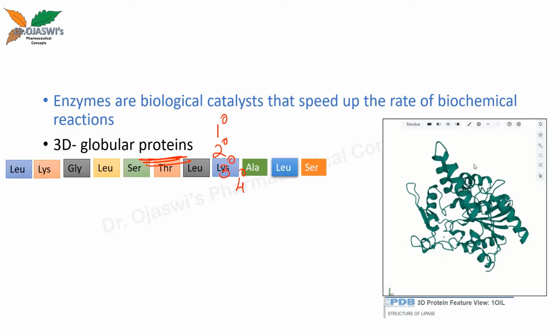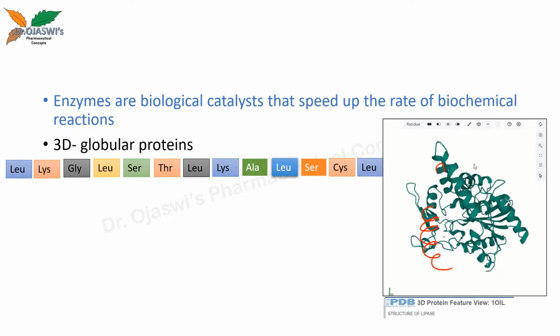For example, all these amino acids are chained in one line. They have made protein, and when this chain, you can see here, has some loops and some coils, all these chains of amino acids have coiled up and made certain loops, alpha helix, beta sheets, and this 3D form of the protein is called enzyme.